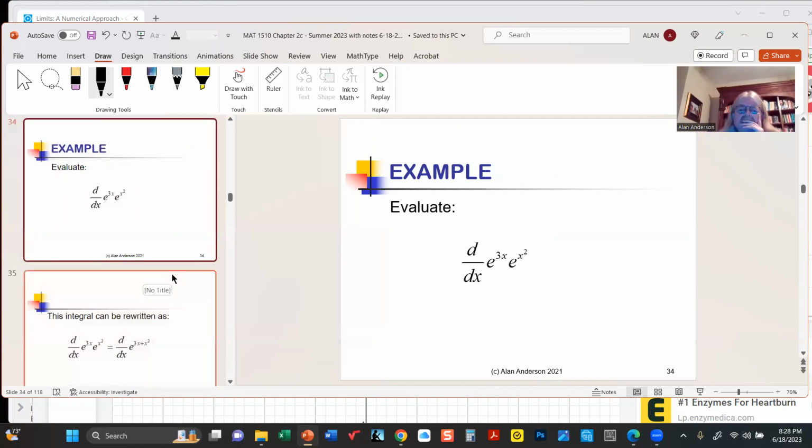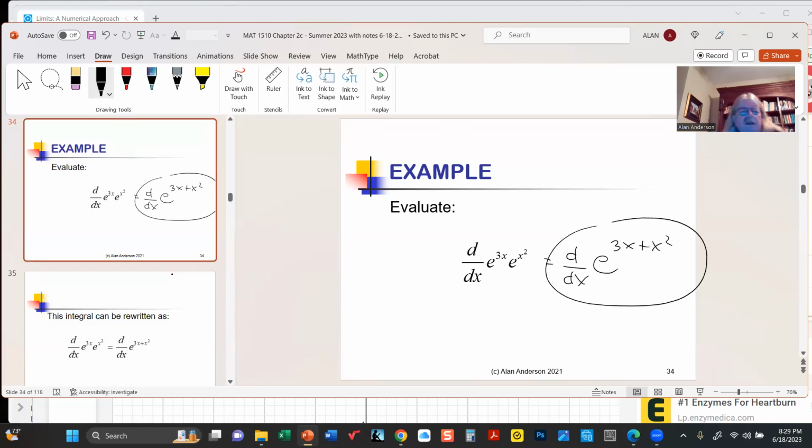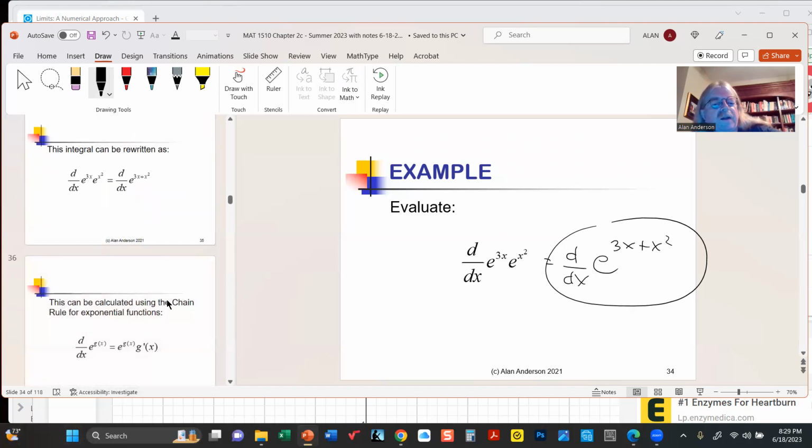Like this one, I mean, this could have been a disaster, but we noticed right away that we have the same base for both of these. And so that's what we're going to do. We're going to take the derivative of e to the 3x plus x squared.